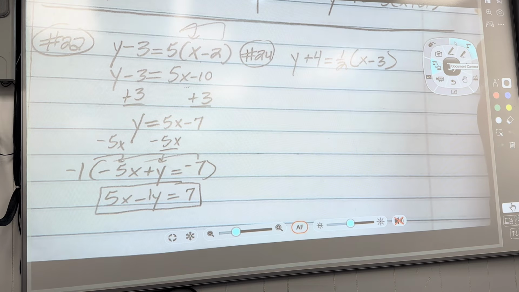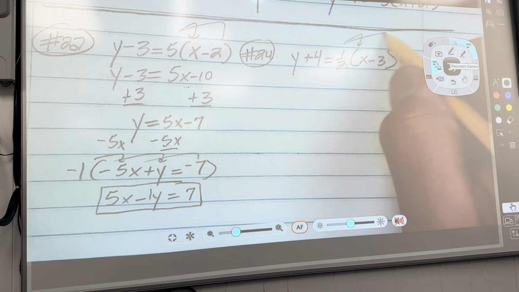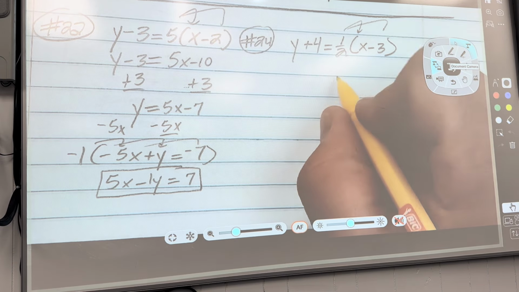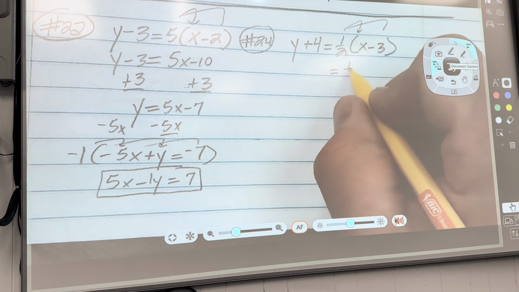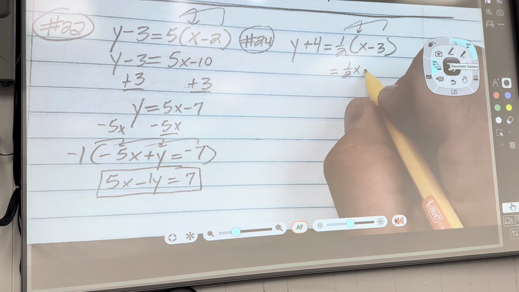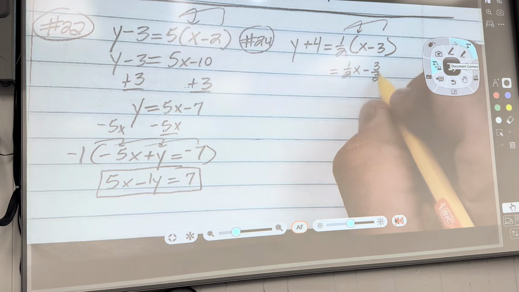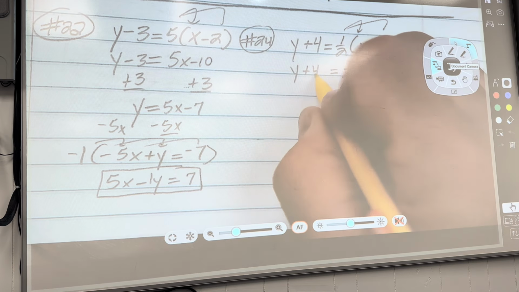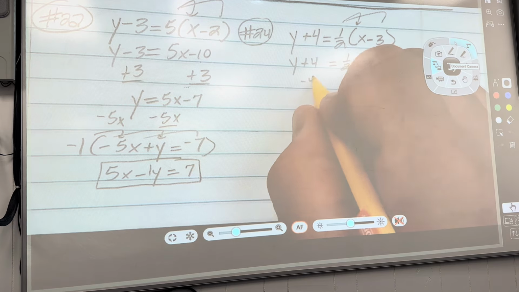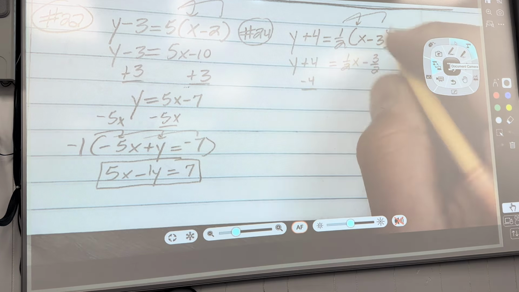Remove the parentheses by using the distributive property. Get your calculators out. 1/2 times x is 1/2 x. 1/2 times negative 3 is negative 3/2. We now want to isolate the variable y to put it in slope-intercept form, so we would subtract 4 from negative 3/2.